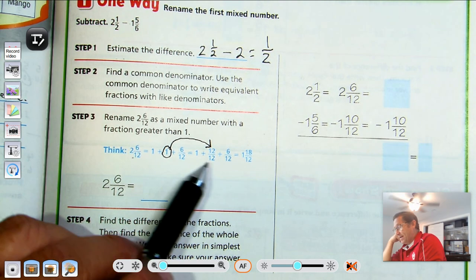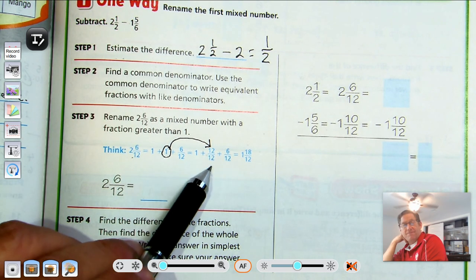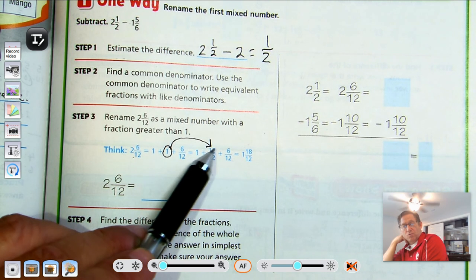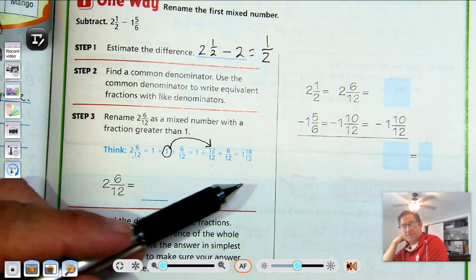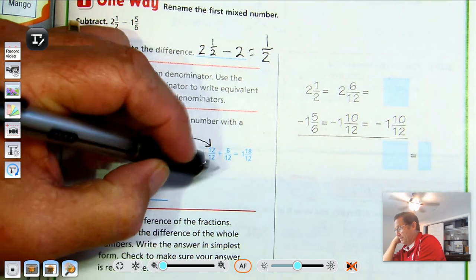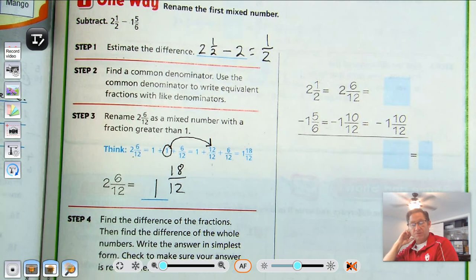Now if we rename the 1 whole as 12/12, we can add that fraction to the other fraction we had. So 12 plus 6 is 18/12. So we can rename 2 and 6/12 as 1 and 18/12.